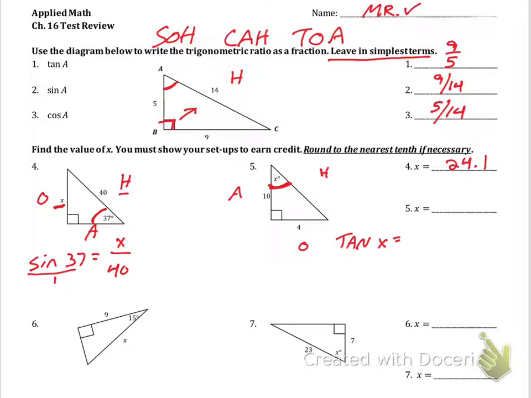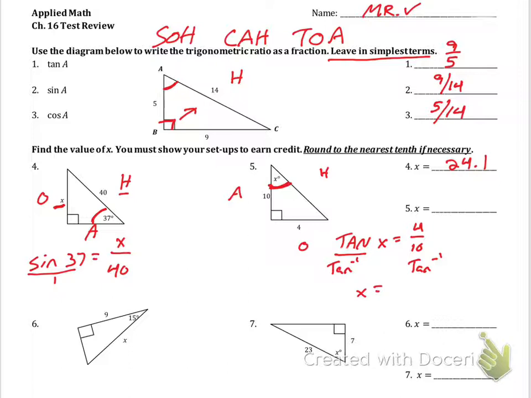Tan x is equal to 4 over 10, so that's fine. But the only thing I need to get rid of is the tan. So I'm going to do the inverse. So tan negative 1 to both sides. And then I'll just have x left over on the left side.